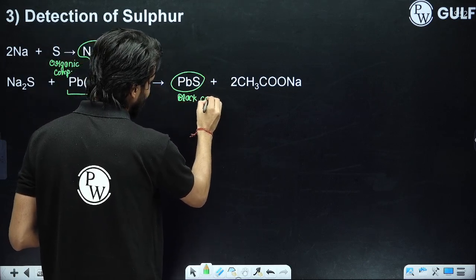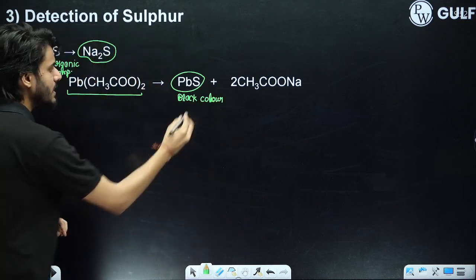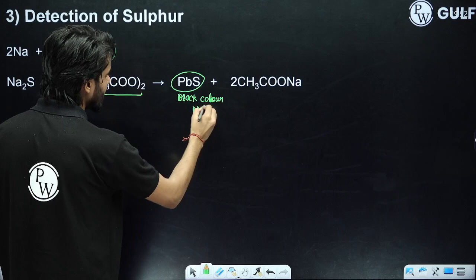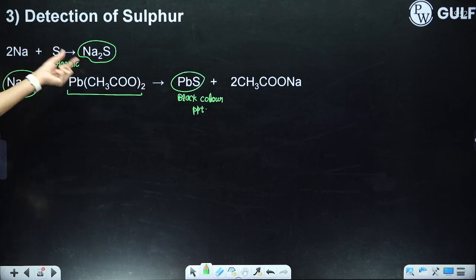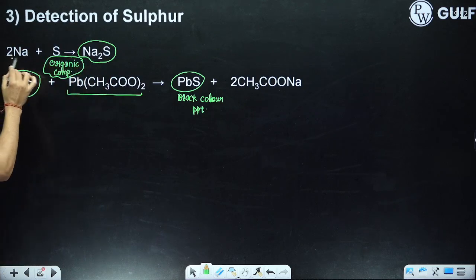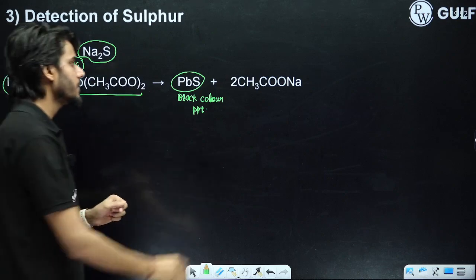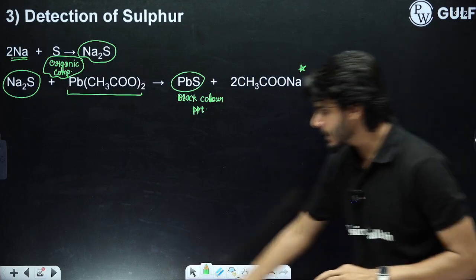If I get this black precipitate, then I can tell yes, this is Na2S, which comes from the formation of the Lassaigne extract from the sulfur in the organic compound and the sodium. So this is the detection of sulfur. Very, very important reaction. You have to remember this, my boys and girls.